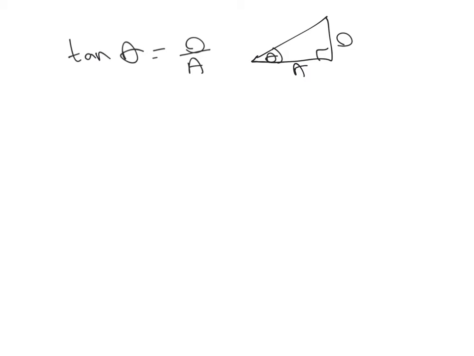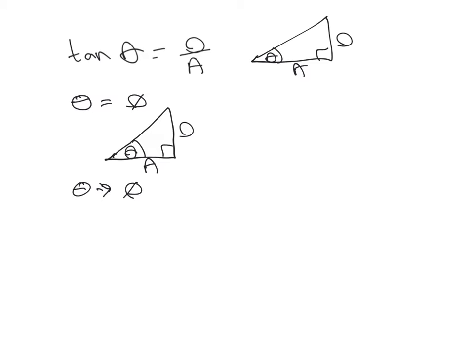When the angle theta equals 0, we have a triangle. Here's our triangle, there's our right angle, our opposite, our adjacent, and there is theta.